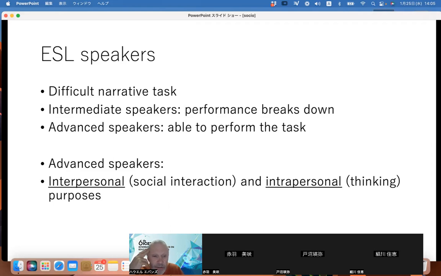They can actually do that. Maybe they don't do it. But that's really what an advanced speaker is, right? For intermediate speakers or for beginners, they probably need some help. And usually to help, we'll use symbolic tools. And maybe the most useful symbolic tool is first language.